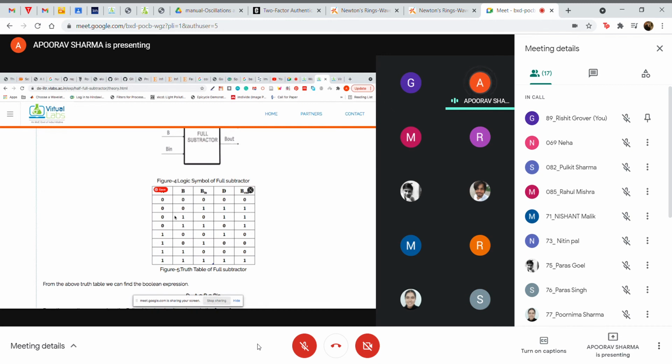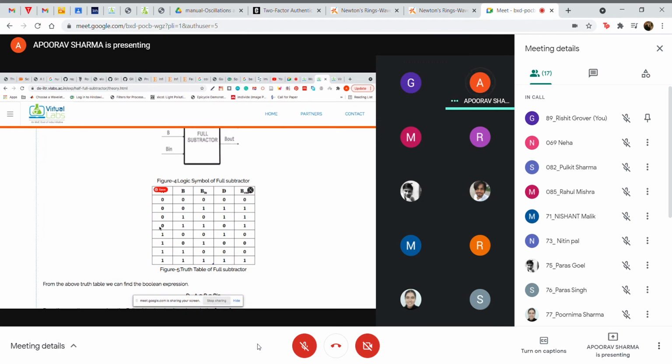Okay, again the same example, 0 minus 1, 0 minus 1. Here you will have to take a borrow again, it becomes 10. 10 minus 1 is 1, because 2 minus 1 is 1, and 1 minus 0 is again 1, so your difference becomes 1, and you had to take a borrow, so that borrow is also recorded here. Okay, now take this example, 0 minus 1.